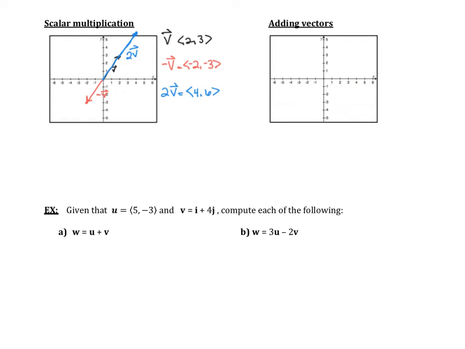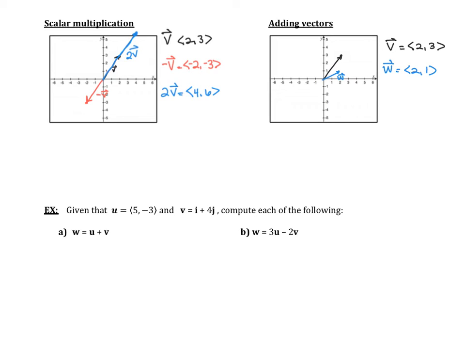But when we are adding, let's go back and put in that same vector, the vector 2, 3. Okay, so my original vector 2, 3, if I wanted to add two vectors, so let's draw a vector W, and let's call it 2, 1. So that would be this vector here. This is W. What does it look like when I add the two vectors together?